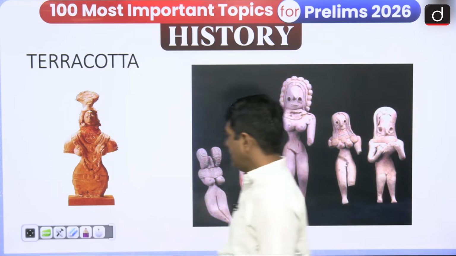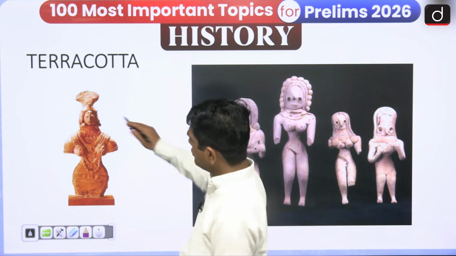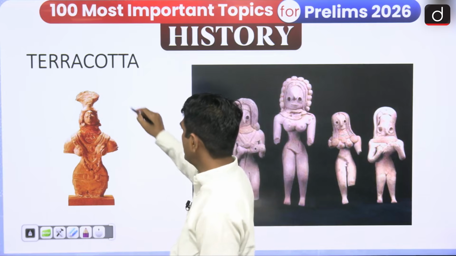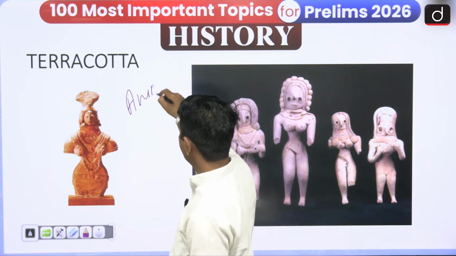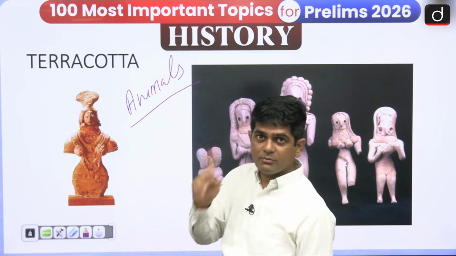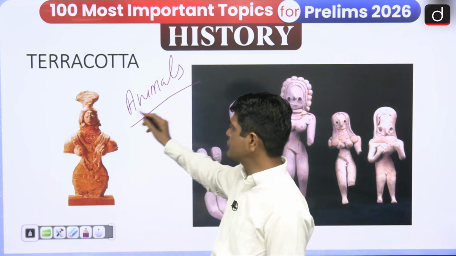Now, we have varieties of terracotta sculptures found from the various Harappan sites. The maximum number of terracotta figurines found from the various Harappan sites belong to animals.